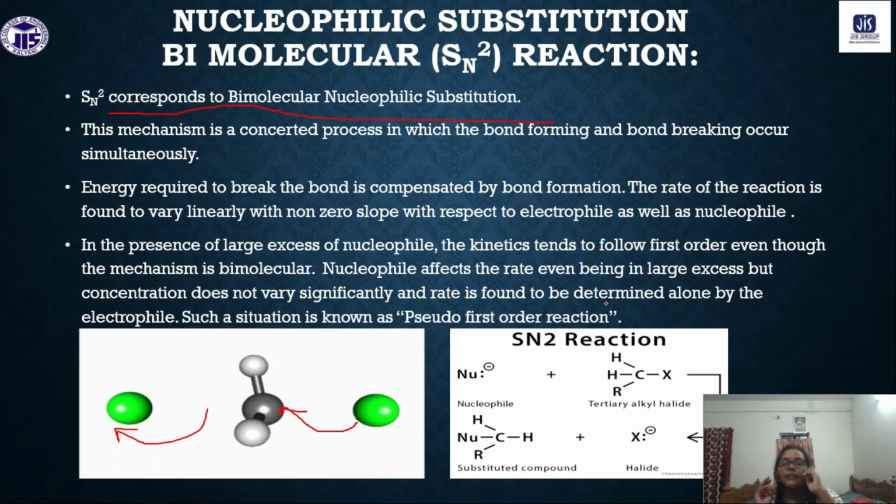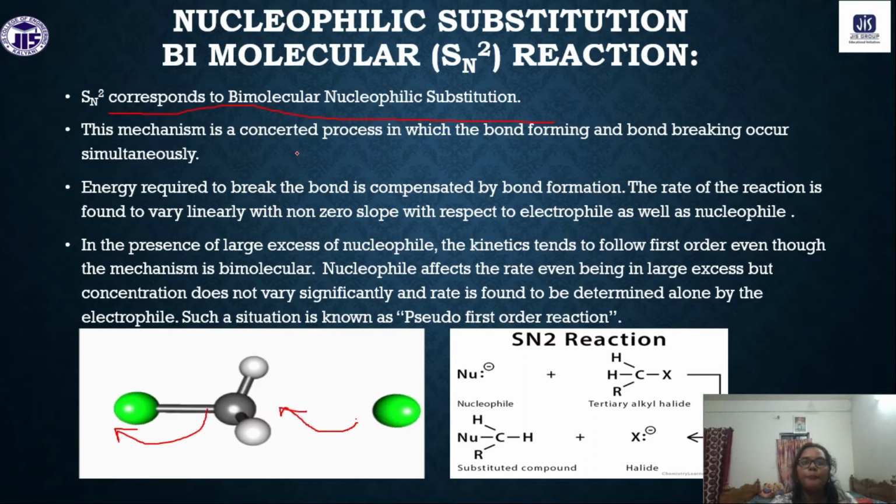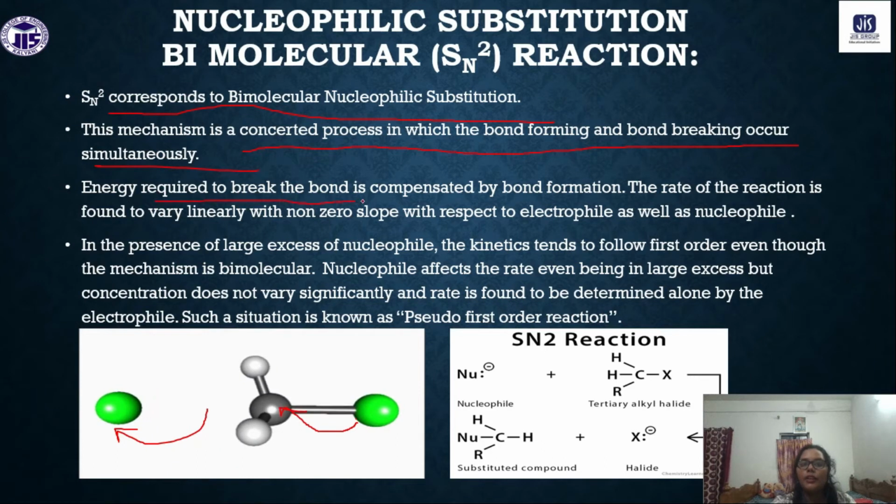That means the rate of the reaction will depend on the two reagents. This mechanism is a concerted process in which bond forming and bond breaking take place simultaneously. Energy required to break the bond is compensated by bond formation.